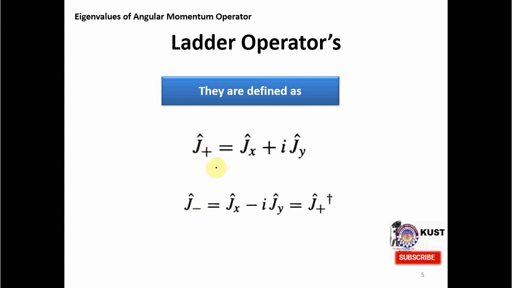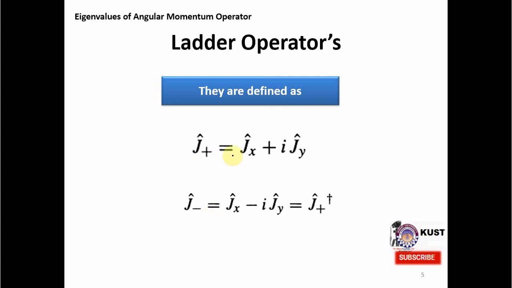These ladder operators are quite similar: they will take us up in the eigenvalue sequence, which we will construct now, or take us down in the eigenvalue equation. So we will have a sequence of eigenvalues, and moving from one eigenvalue to another will be possible with the help of these ladder operators J plus and J minus.